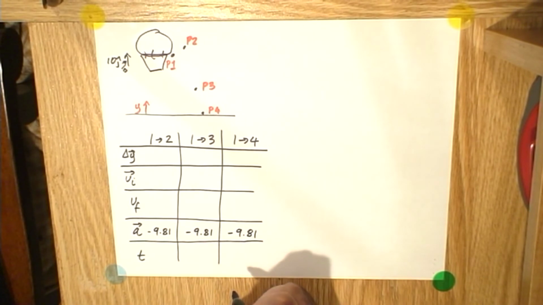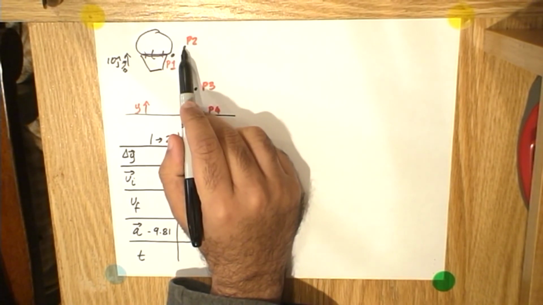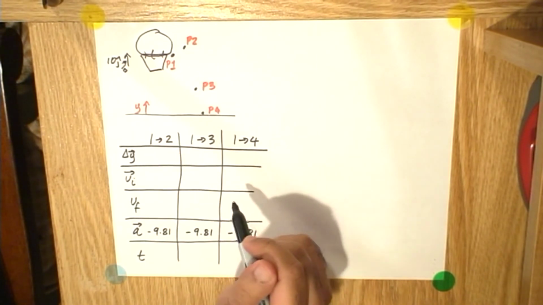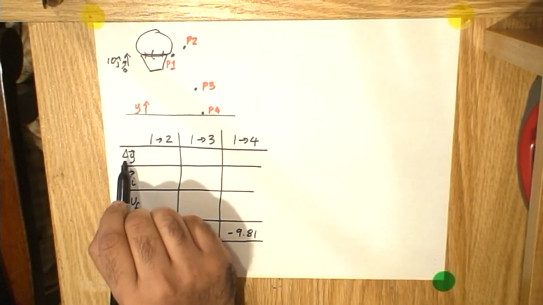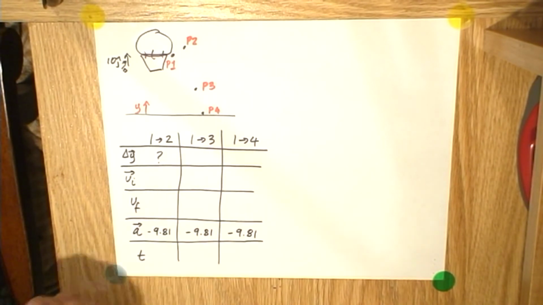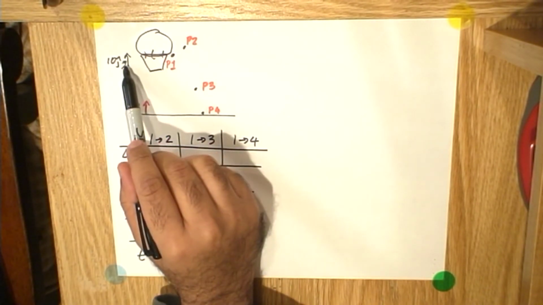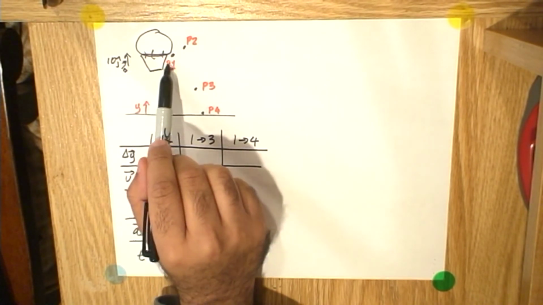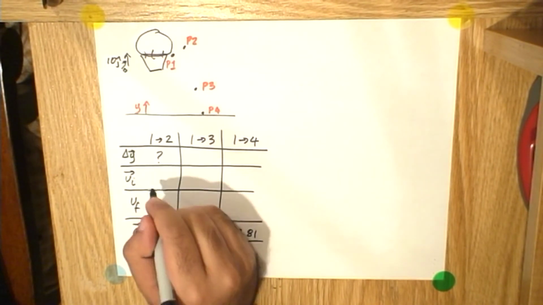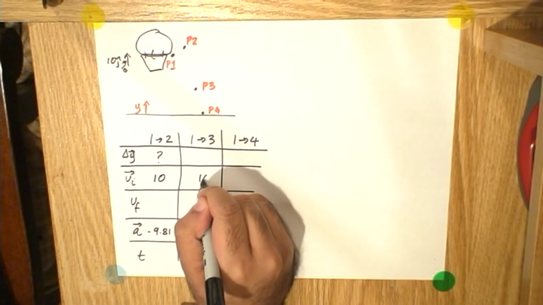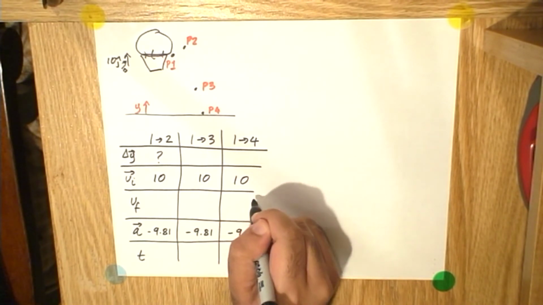But we are being asked for different things. The first question was asking what is the maximum height? So that's really a masked way of asking what is the displacement between 1 and 2. We know that the initial velocity at 1 is 10 meters per second because that was the velocity of the hot air balloon. So in all of these cases, in fact, the initial velocity is 10.